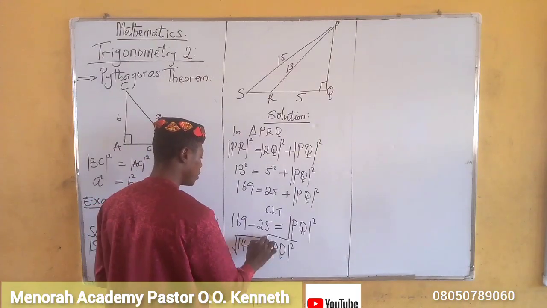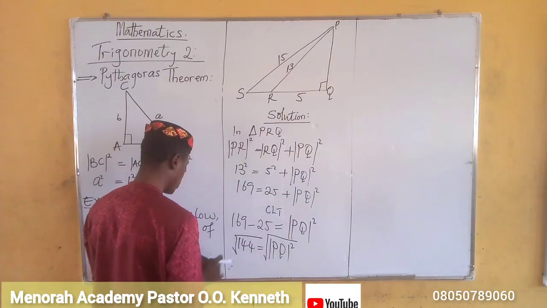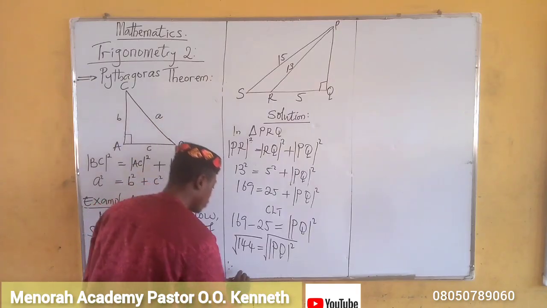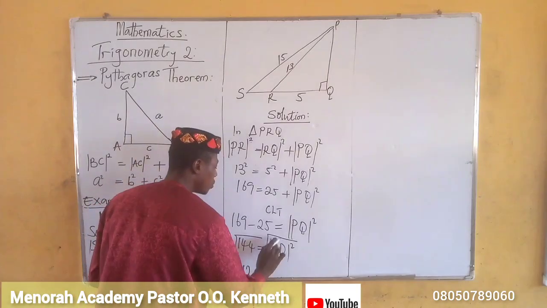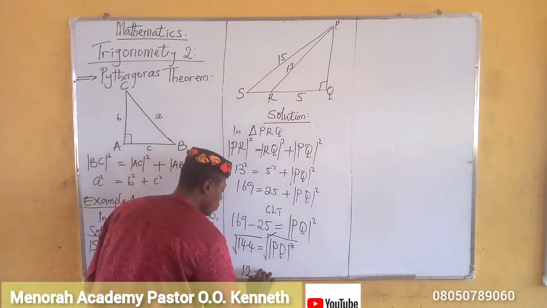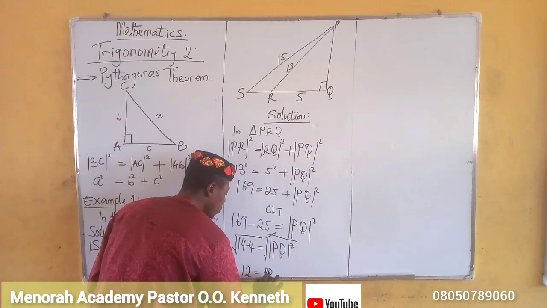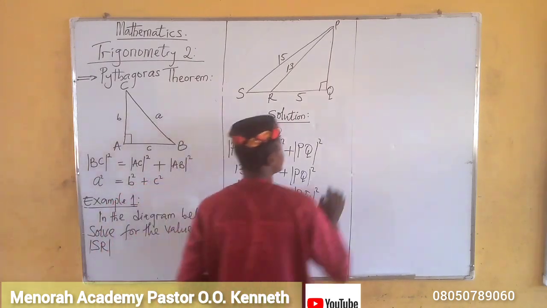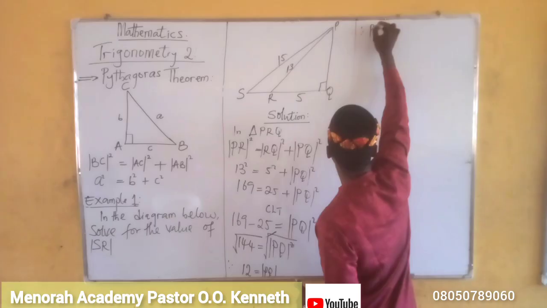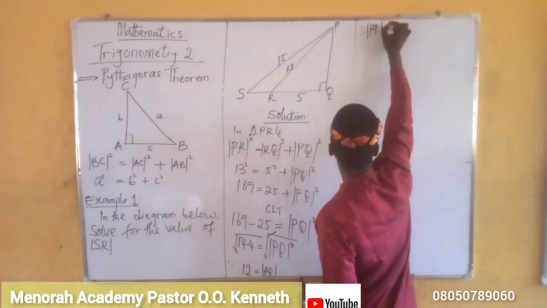The square root of 144 is 12, and the square cancels PQ squared, so we are left with line PQ equals 12.